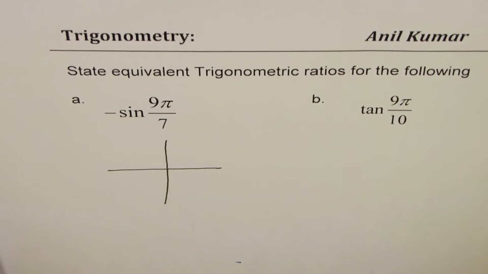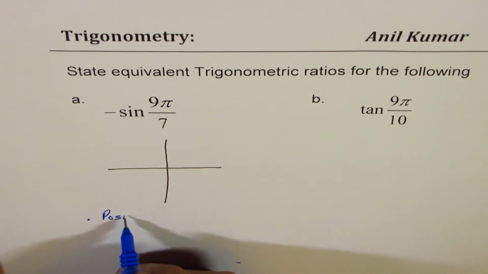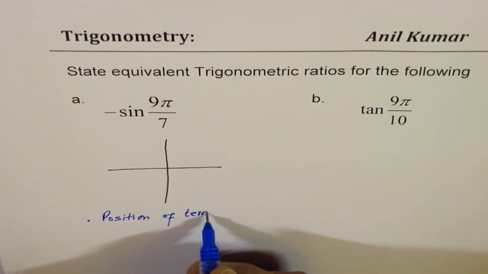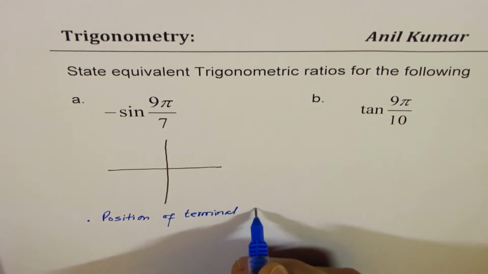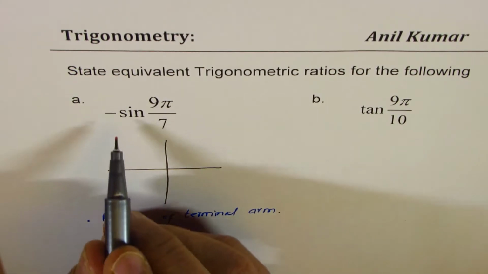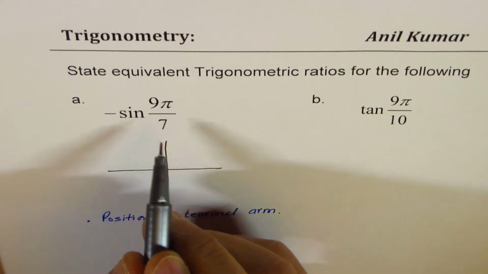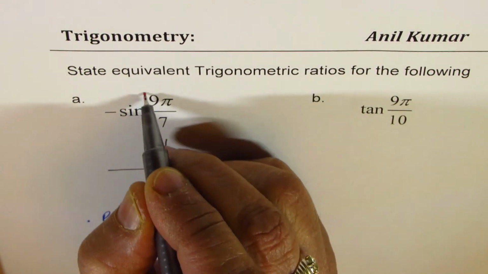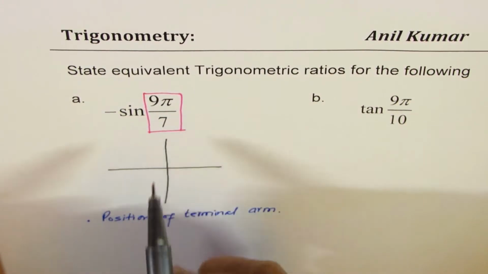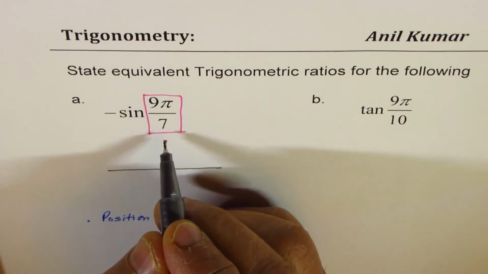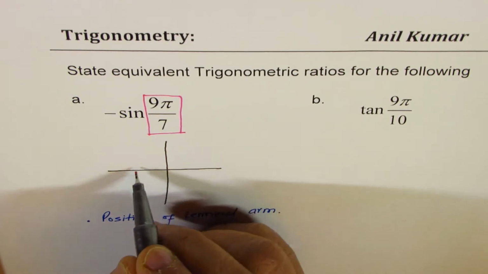So the first thing is we need to find the position of the terminal arm. Okay, let's see how to do it. When I say minus sine 9 pi by 7, we'll just consider this part of it first to find the position of the terminal arm: 9 pi by 7. It is positive, so we are going to go counterclockwise.